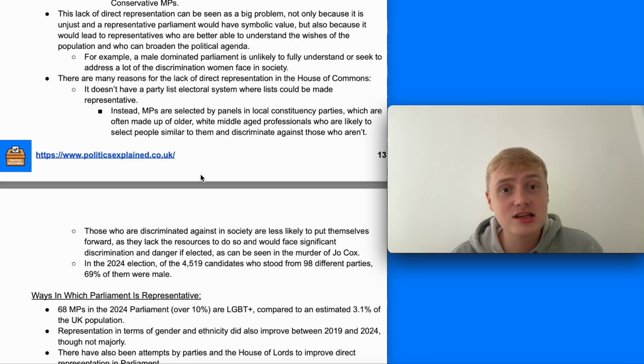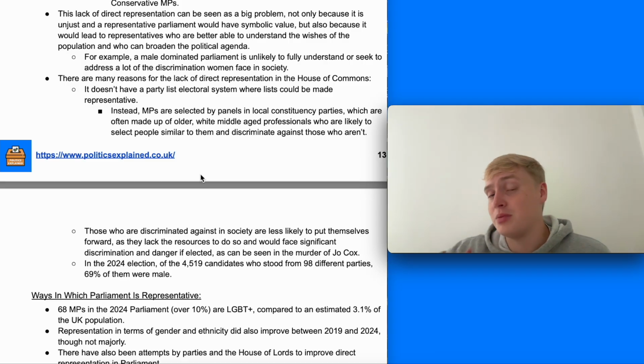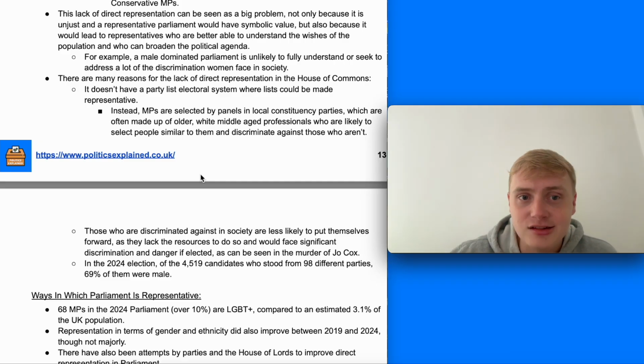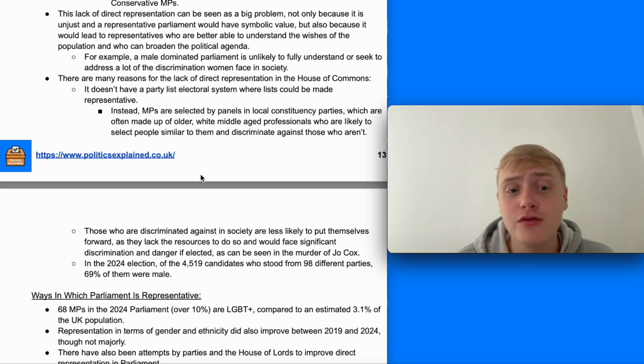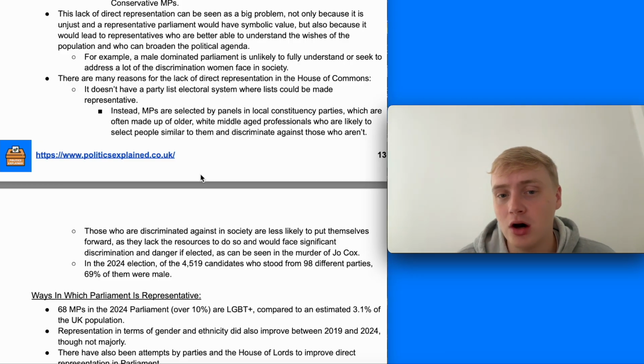There are many reasons for this. It doesn't have a party list electoral system, where lists could be made representative, so it's partly linked to the first past the post electoral system. Whilst those who are discriminated against in society are less likely to put themselves forward, as they lack the resources to do so, and would face significant discrimination and danger, more danger if elected, as can be seen with the murder of Jo Cox.